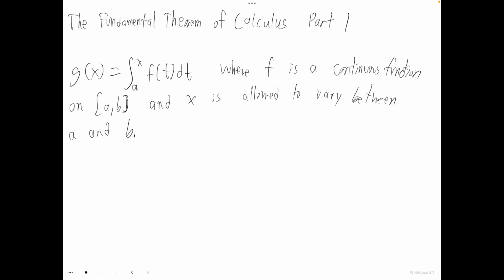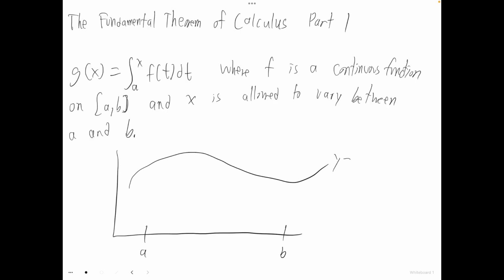And so what we're saying here is graphically, we're saying we have some value a, some value b, and we've got some function y equals f of t that's defined here, and this function g of x is going to give us the area kind of in the middle.